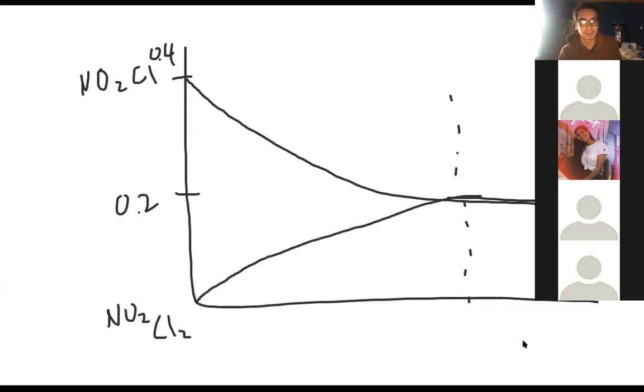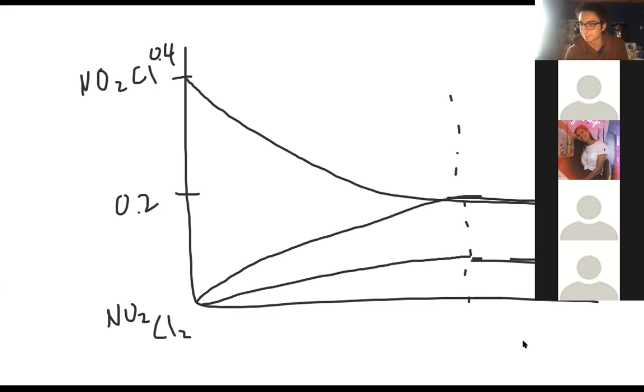And lastly, we have our chlorine gas, which will have a concentration of 0.1 at equilibrium, so it'll reach half as much. That would be reaching equilibrium right there. And then on page 215, it has a better looking graph.